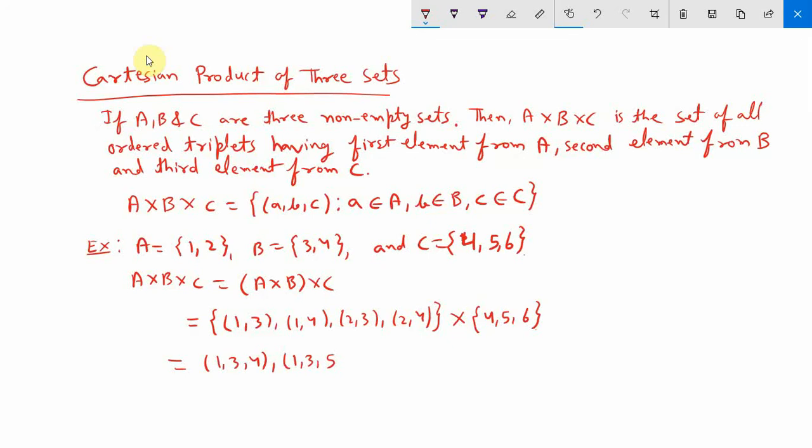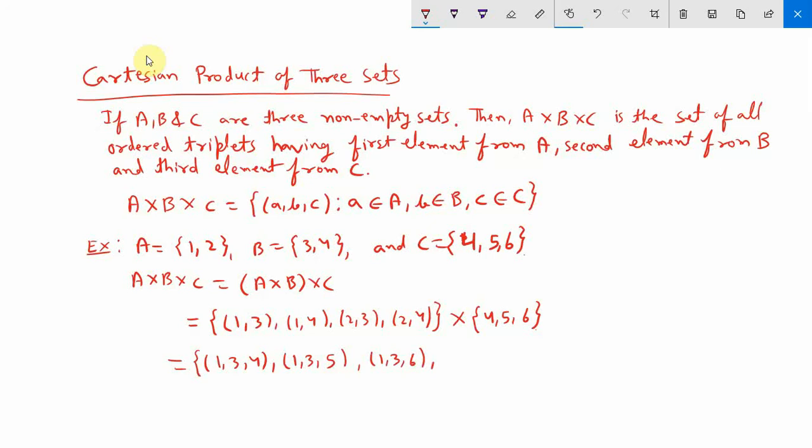So first we will consider one ordered pair of A × B and make triplets with each element of set C. So (1, 3, 4), (1, 3, 5), then (1, 3, 6).